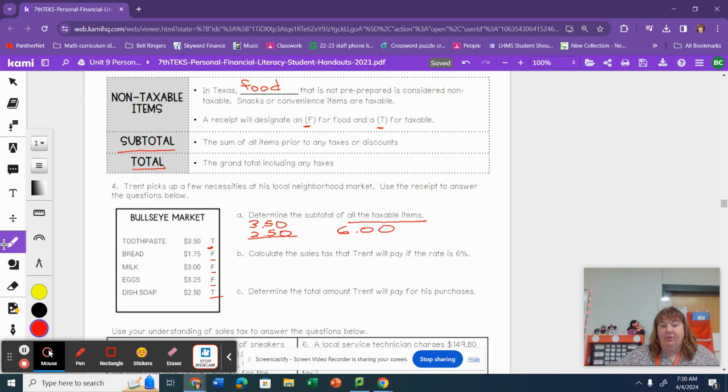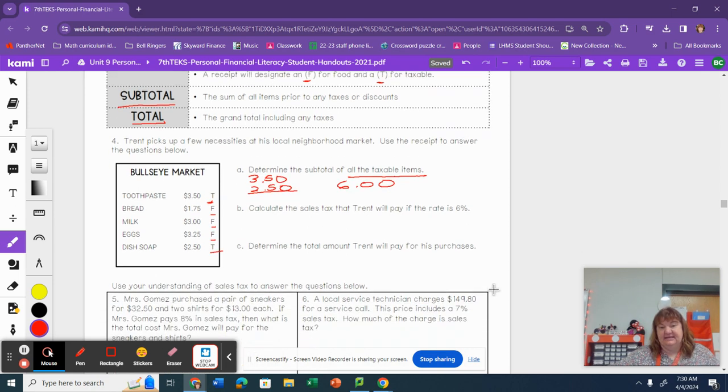Okay, now calculate the sales tax that Trent will pay at the rate of 6%. So we take that $6. Remember, you can do it the old way if you need to. You can do 6 over 100 equals something over $6.